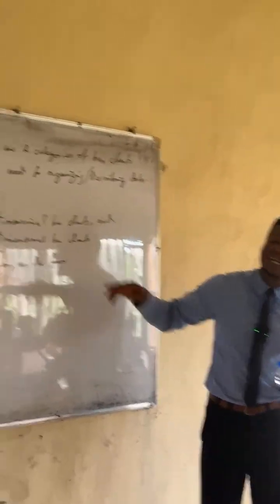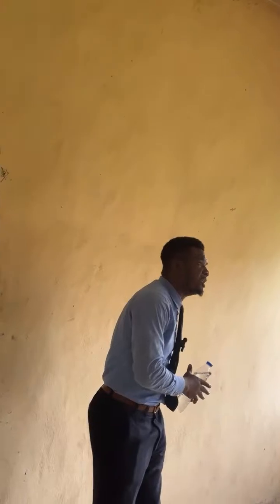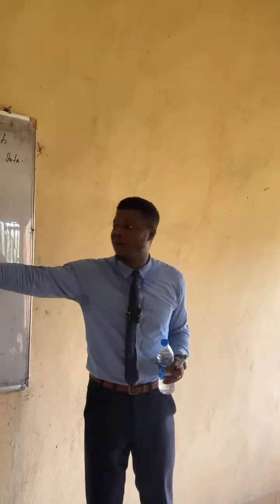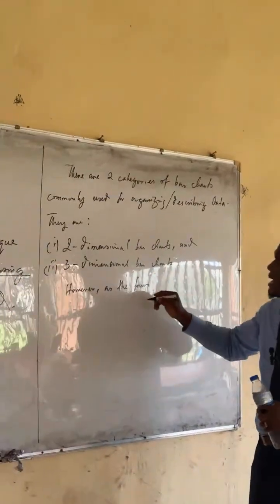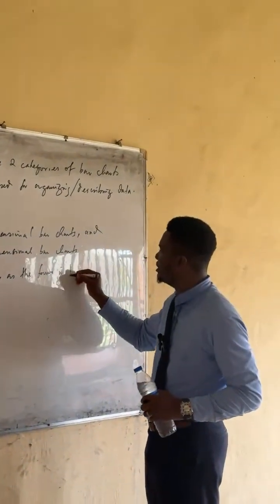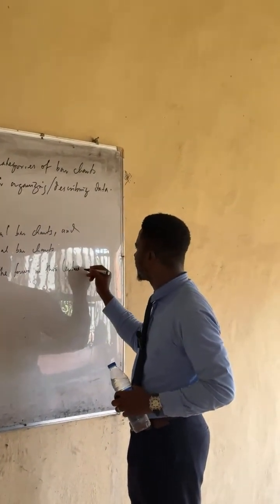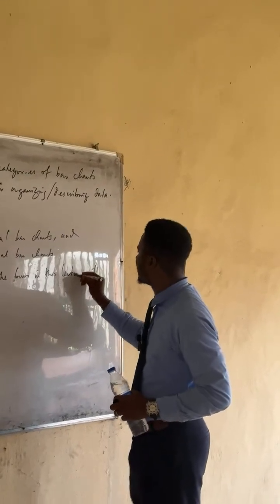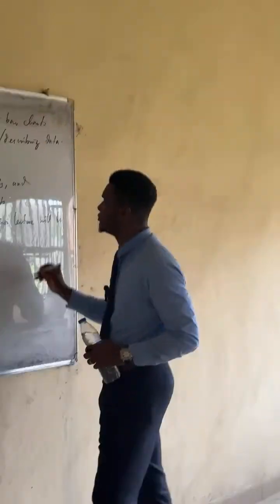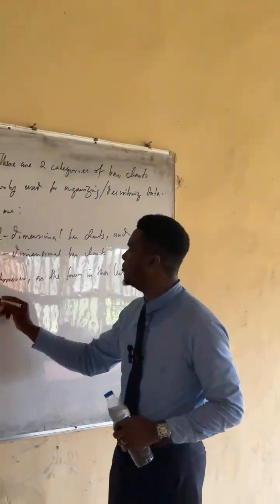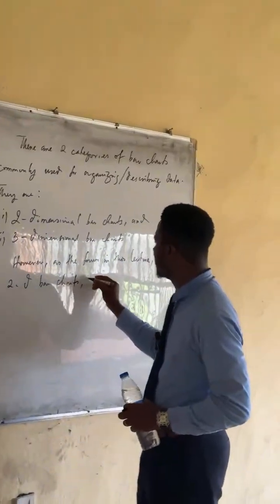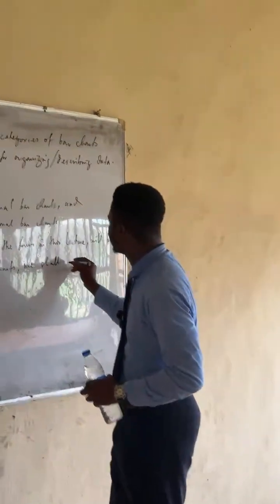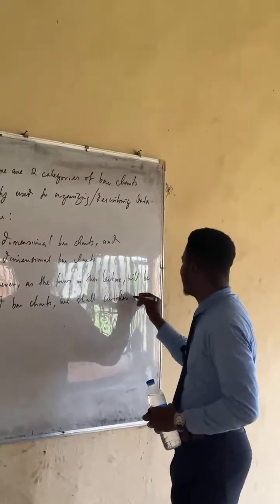So whether the bar charts are categorized as two-dimensional or three-dimensional bar charts, what my however here means is what I want to show you next. However, as the focus in this lecture will be on 2D bar charts, we shall consider the following types.